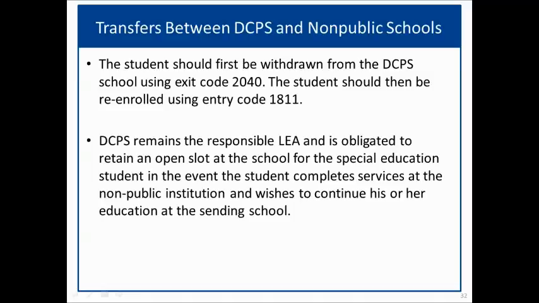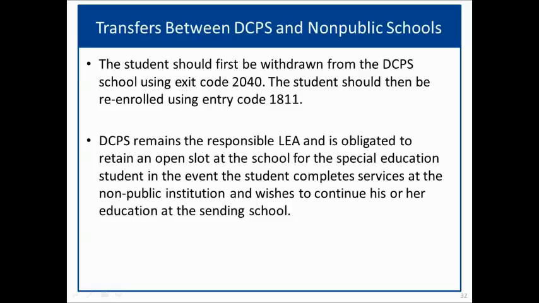Dependent charters have worked with DCPS to complete this transfer, but generally it looks about the same. The student should be withdrawn using exit code 2040, which is a transfer code that describes when a student changes schools and maintains their enrollment within the same LEA.